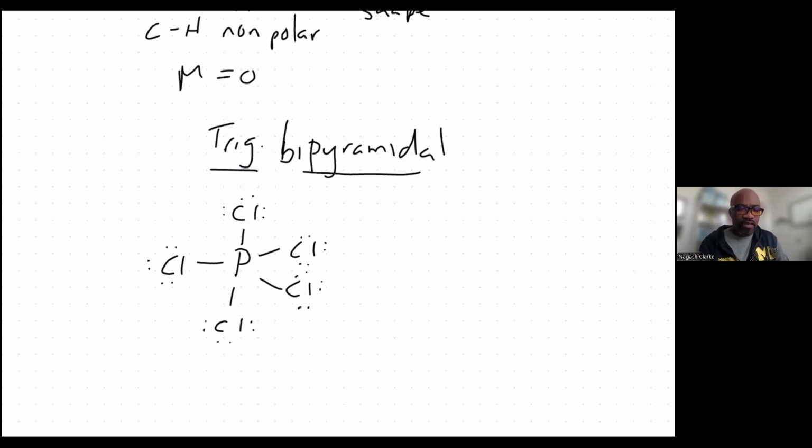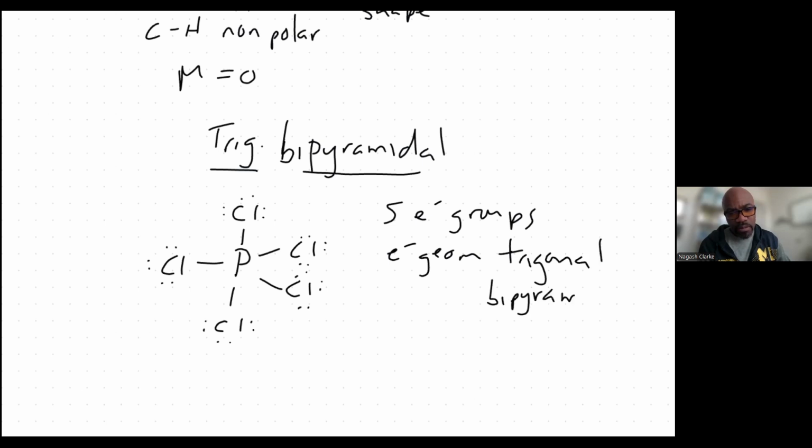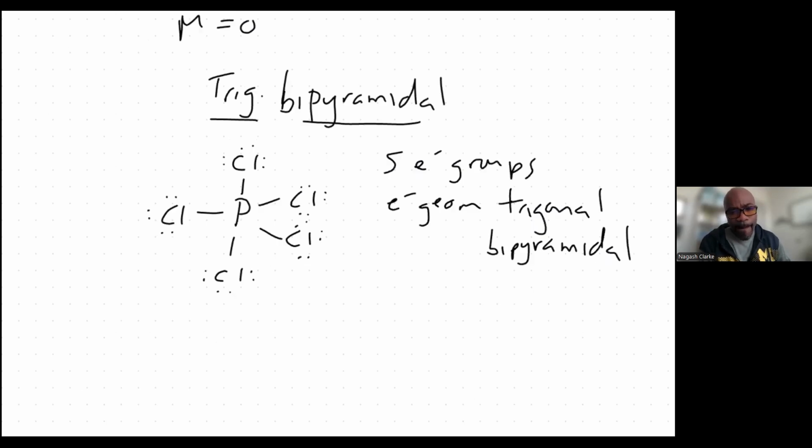Again, we're focusing on the phosphorus as being the central atom. There are 5 electron groups. Electron geometry is trigonal bipyramidal, and the shape is also trigonal bipyramidal.